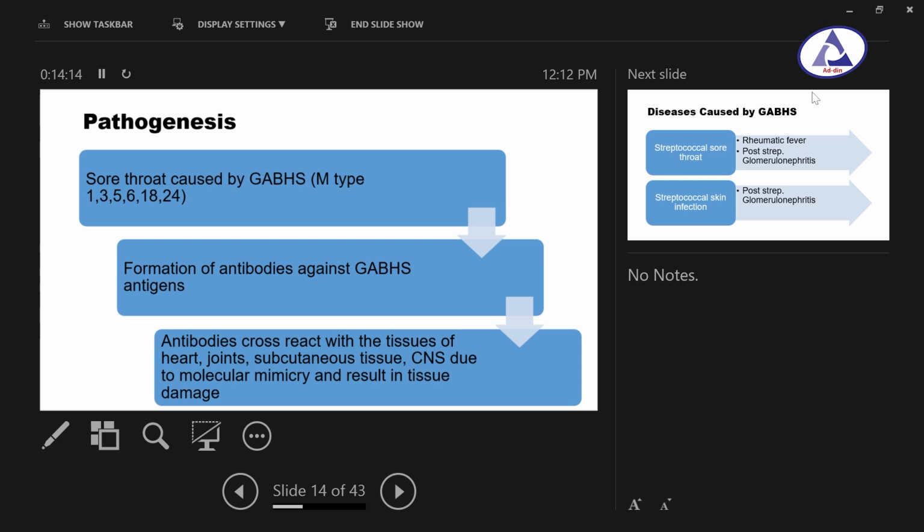When antibody is formed, then antibody cross-reacts with the tissues of heart, joints, subcutaneous tissue and CNS due to molecular mimicry, because the antigen is similar in structure. So this mimicry results in tissue damage. Antigen-antibody complex causes damage to the tissue.